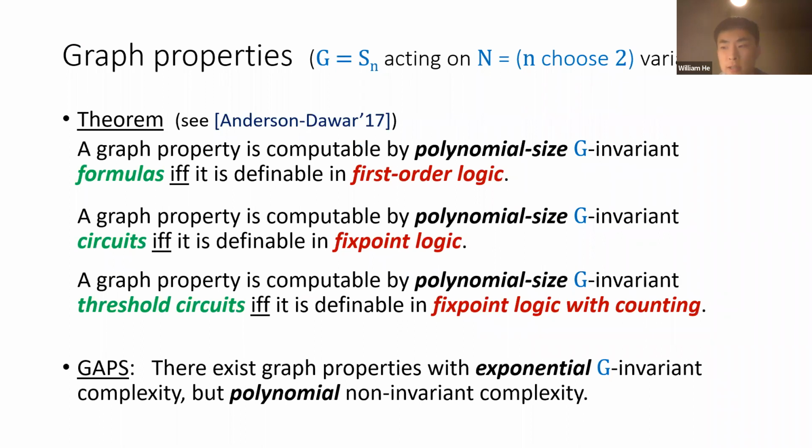So this question has been asked in other contexts, one of which is the field of descriptive complexity theory. And in this situation, it's known that there are functions that have large gaps between their invariant complexities and non-invariant complexities. So this is some related work to more work on symmetry and computation.